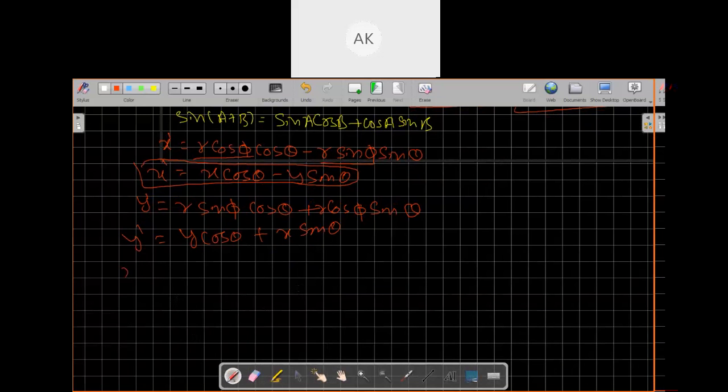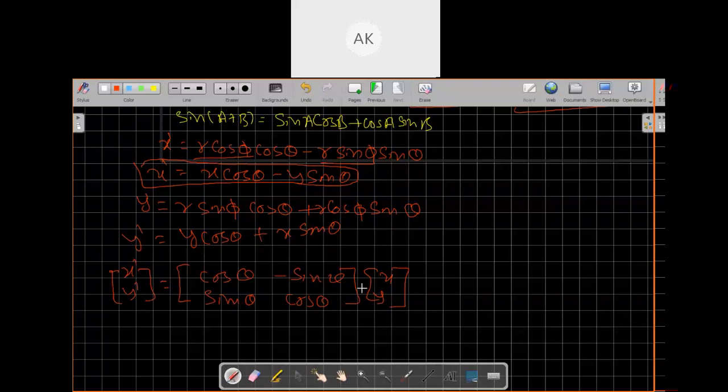Now calculate the y dash. Y dash equals r sin of phi plus theta. So sin A plus B: r sin phi cos theta plus r cos phi sin theta. Again, r sin phi equals y and r cos phi equals x. So y dash equals y cos theta plus x sin theta.